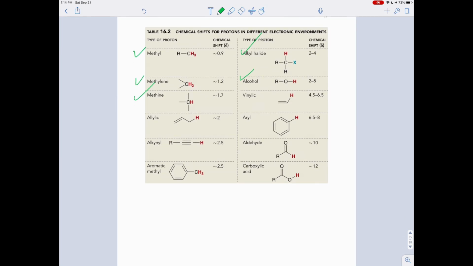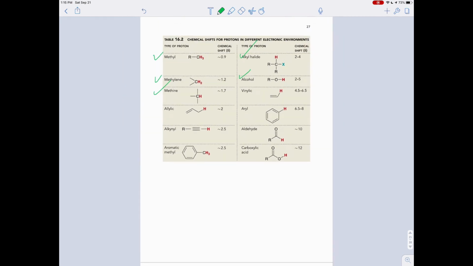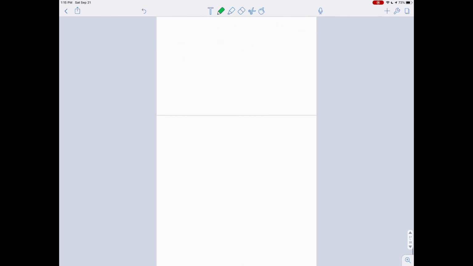The other patterns, the numbers for them, are explained by something called magnetic anisotropy. So let's talk about that. The word anisotropy, the A here means not. It's the same prefix as in atom, which means not cuttable.